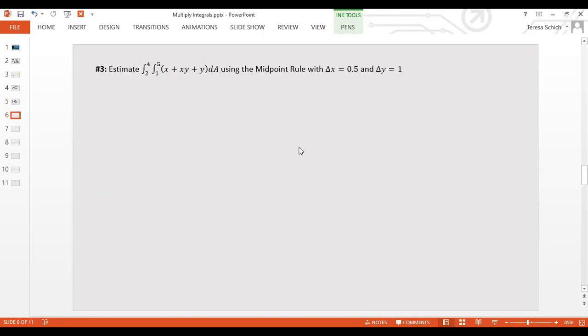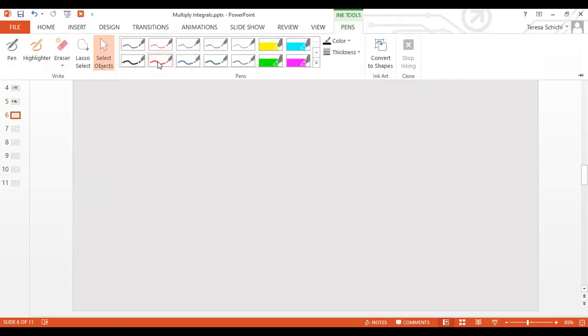Okay, now let's take a look. Let's say we estimate the double integral of x plus xy dA. Use the midpoint rule with delta x equal to 0.5 and delta y equal to 1. This is not very well written.